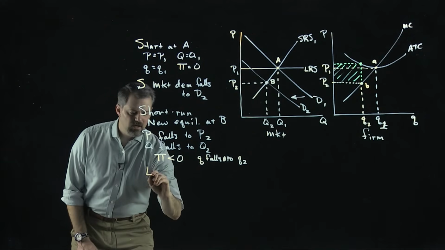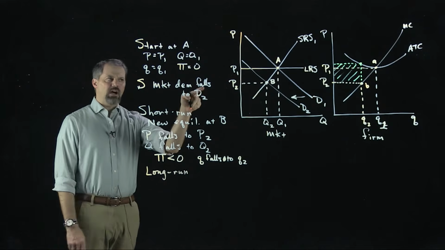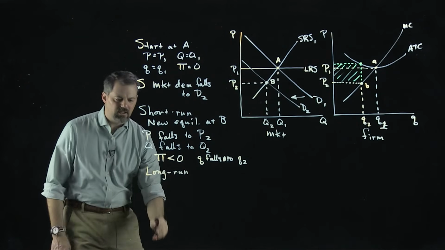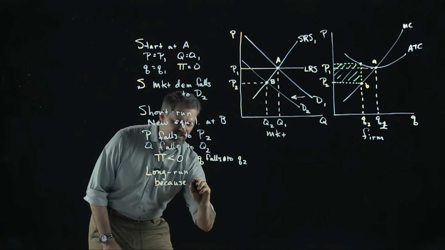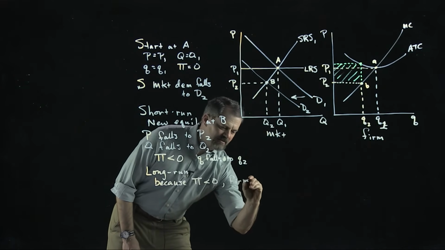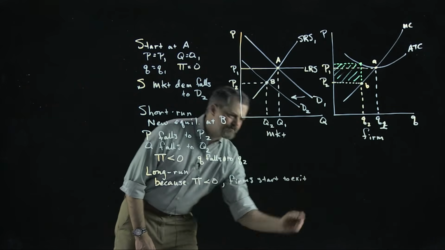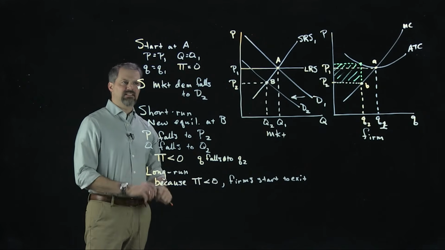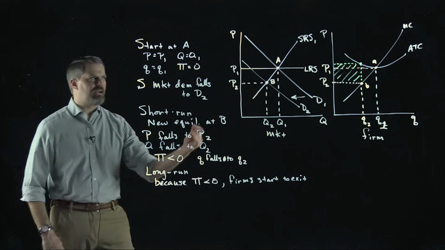Now let's think about our long run. Because each firm is earning a negative profit, firms will start to exit in the long run. So because, and this sentence is very important, because profit is less than 0, firms start to exit. As they exit, remember the number of firms is a determinant of market supply.